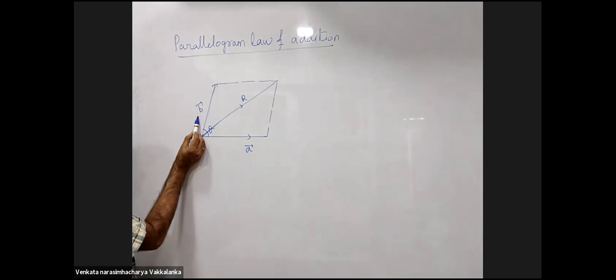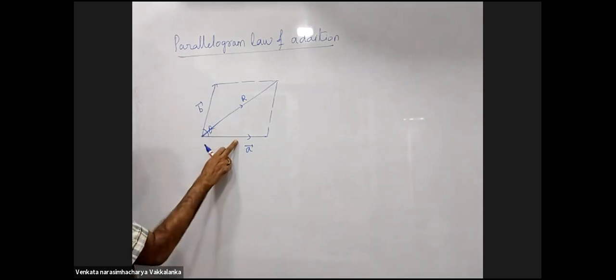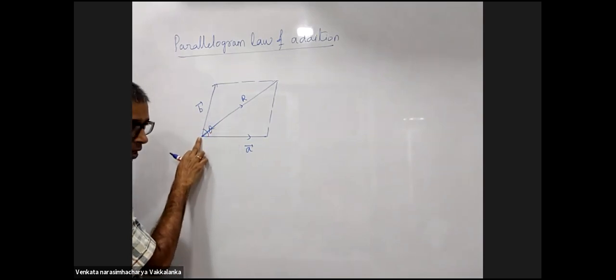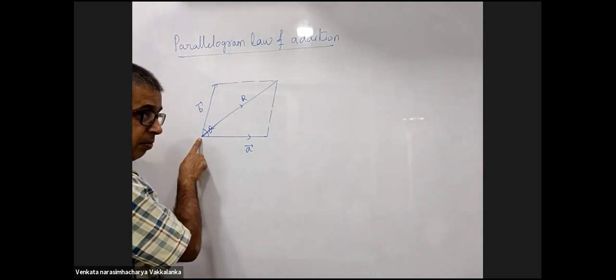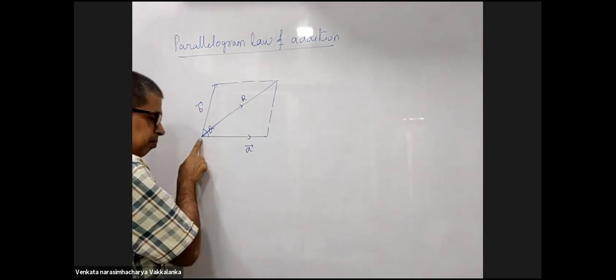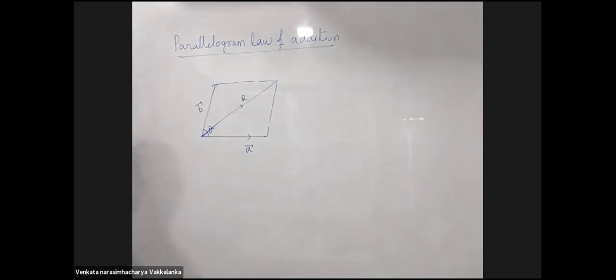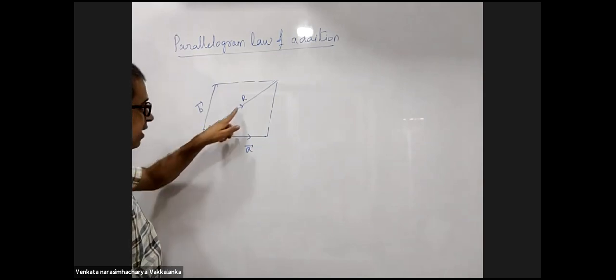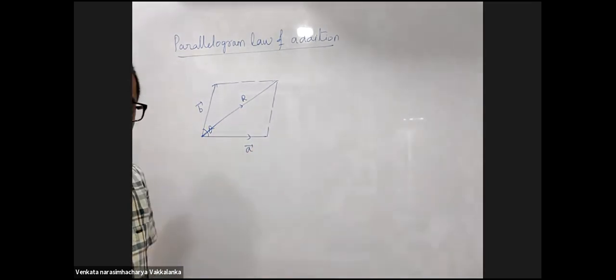If two vectors are represented as two adjacent sides of a parallelogram drawn from a point, the diagonal of the parallelogram drawn from the same point is the resultant.